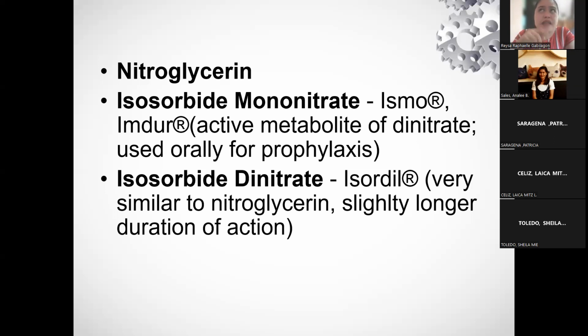ISDN, especially the one that is given sublingually, most likely this is given during the attack. Okay? So the chest pain is already there. And then, to relieve the chest pain, we can give ISDN sublingually.